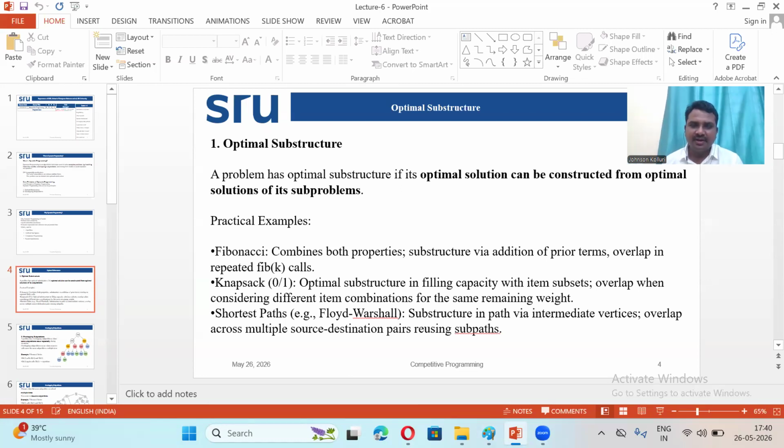Then the practical examples of dynamic programming: one is the Fibonacci sequence, the second is the knapsack problem, and the third is shortest path. Today we will discuss the Fibonacci sequence, and the remaining two topics, knapsack problem and shortest path, we'll discuss later.